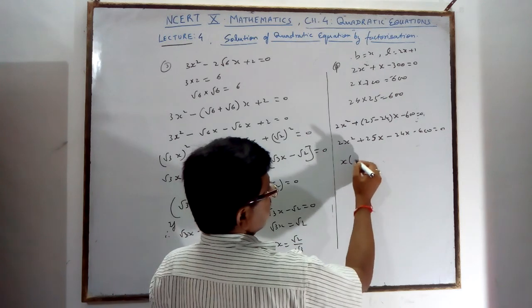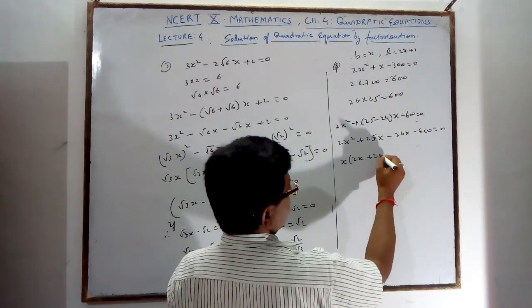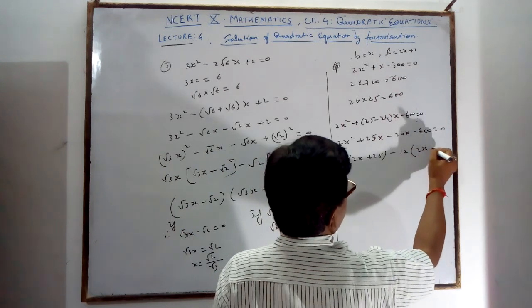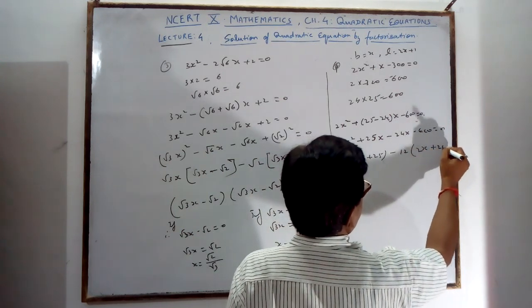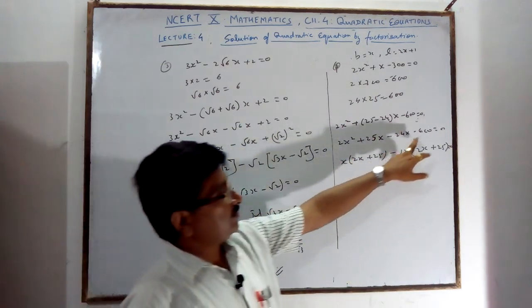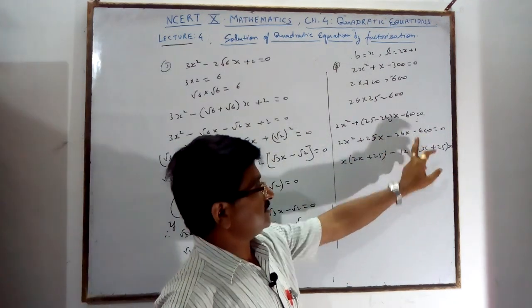Now open the bracket. So here x is common, 2x plus 25 left. Here minus 12 is common, 2x plus 25 is left in the bracket. 12 times 2 is 24, 12 times 25 is 600, minus is outside.